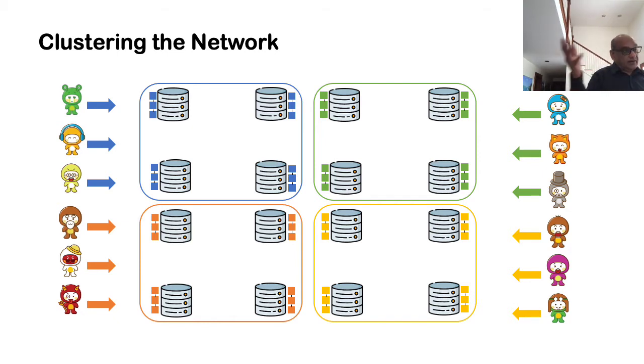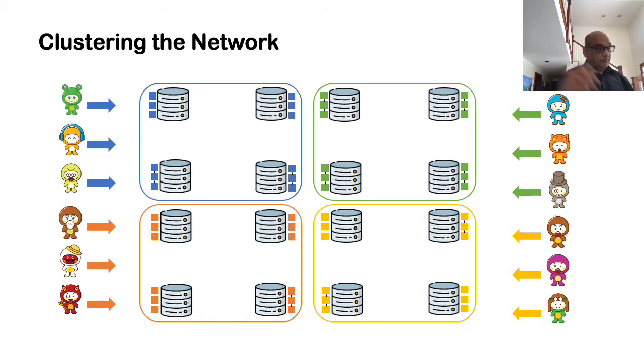Here we have represented 4 categories, and applications that need to access the blue shard only have to do the ordering in the context of the blue orderers, and similarly the greens will go to the green orderers.